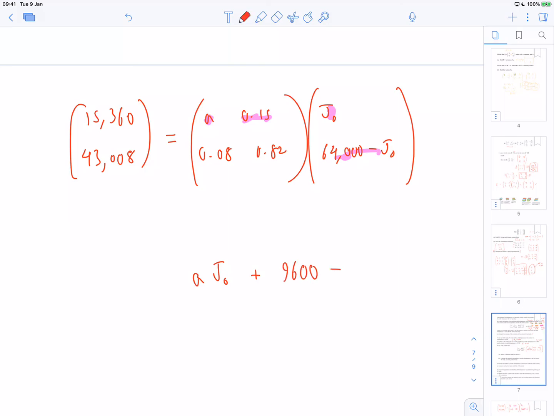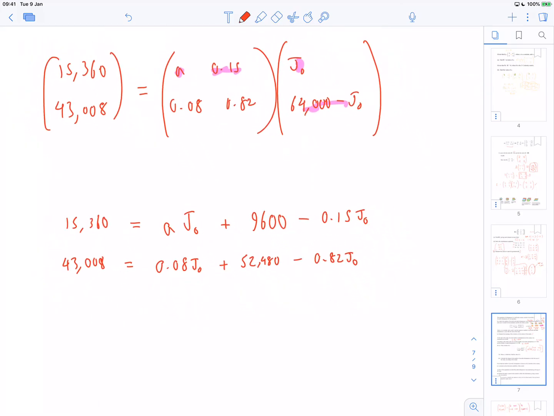So that's 9,600 minus 0.15 J0, and this equals 15,360. And I've got 43,008 equals 0.08 J0 plus 0.82 times 64,000, which is 52,480 minus 0.82 J0. It looks like I can use the second equation to work out what J0 is, and then I can sub that into the top one to work out what A is.